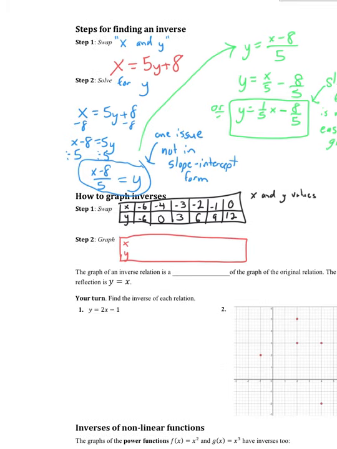So this table, for some reason, should be on your paper, but it's not.